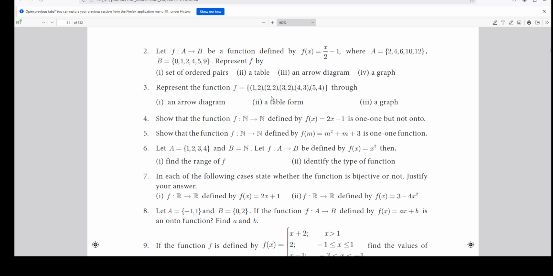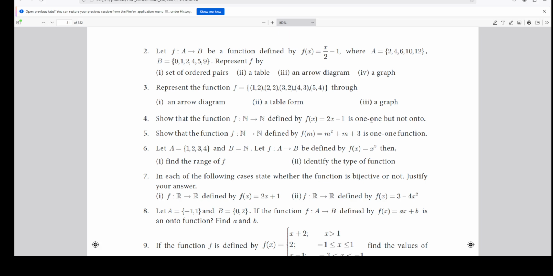What is a one-to-one function? One-to-one means the elements in the first set should have a relation that is unique. Onto means all the elements in the second set should have a relation.